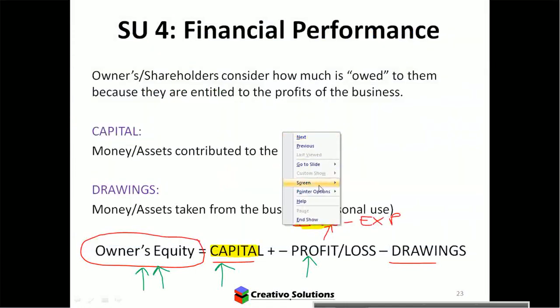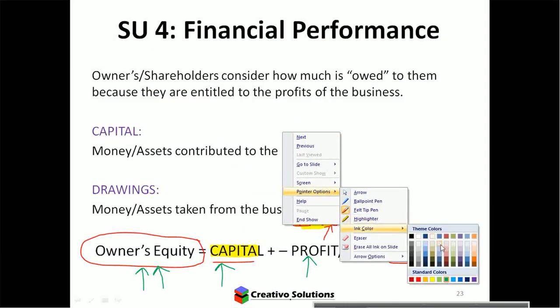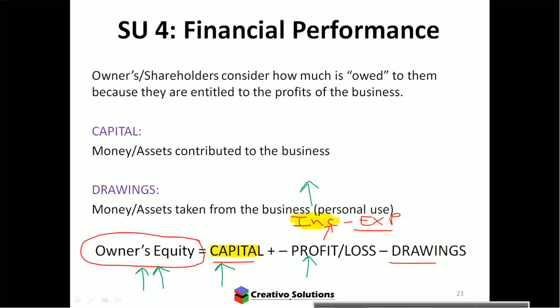Okay. If I look at the opposite, expenses. If expenses increase, what happens to profit? It decreases. If profit decreases, what happens to owner's equity? It decreases. So more expenses lead to lower profit, leads to less owner's equity. Same thing here with drawings.